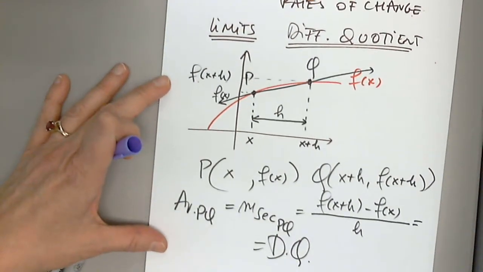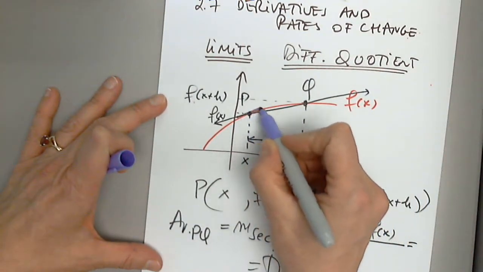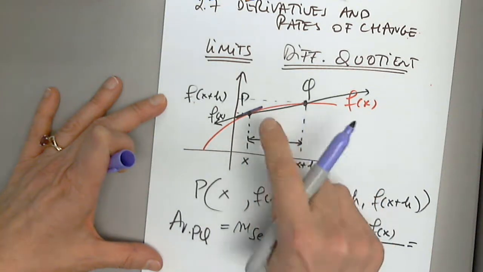And now here is what we've done before many times. I want the slope of this line. What is this line called?